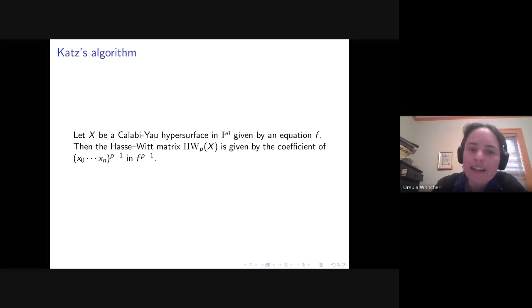In that case, there's a nice way that you can genuinely compute the Hasse-Witt matrix. You just look at the coefficient of a particular monomial when you raise the entire hypersurface equation to the p minus first power. So that's really nice and computational, and again, combinatorial.